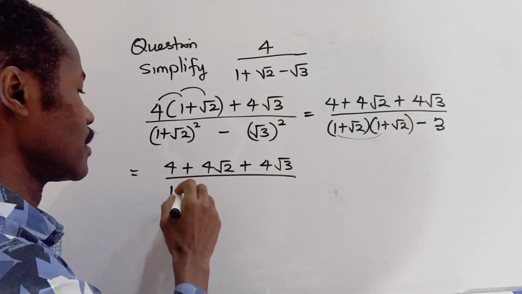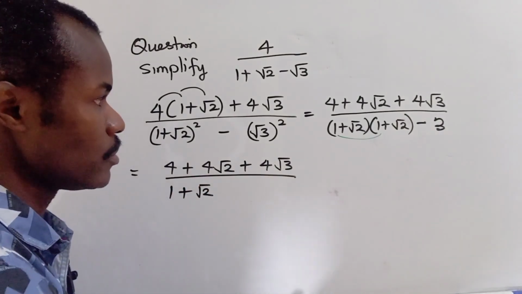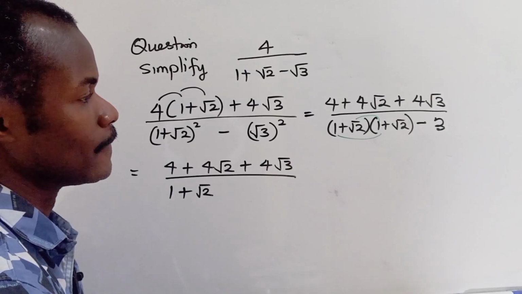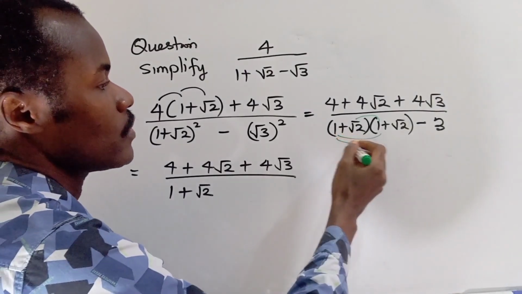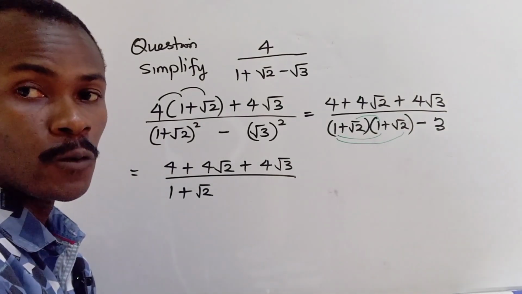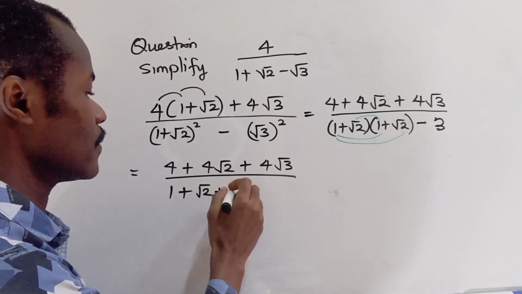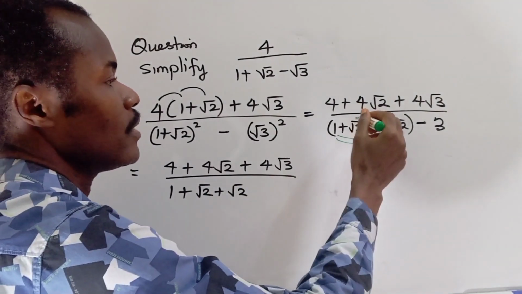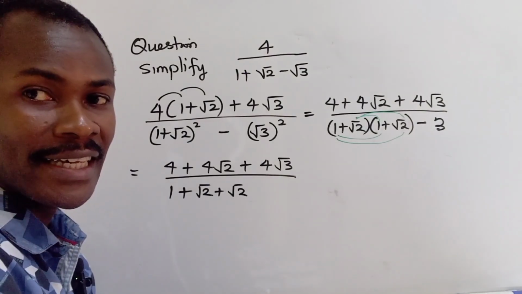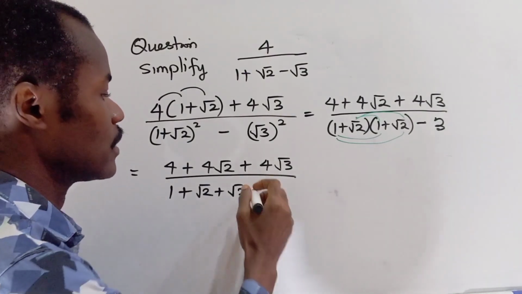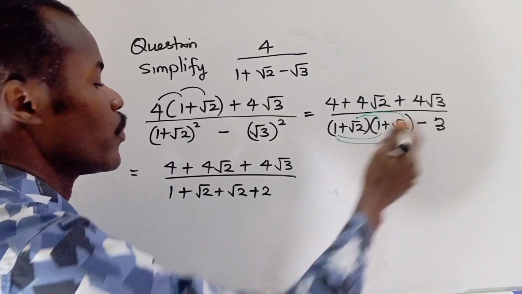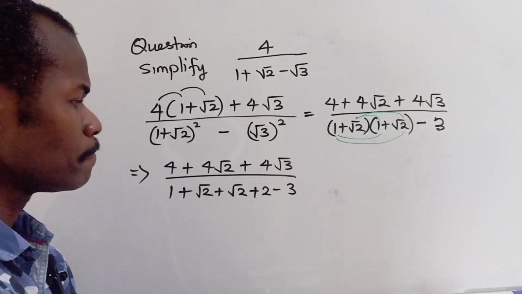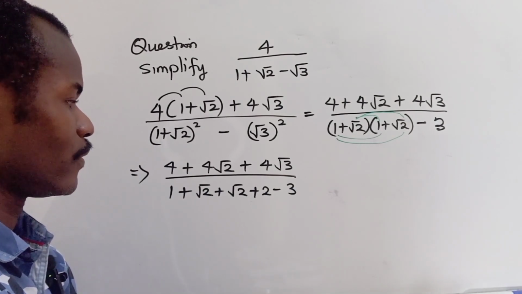Then 1 multiplied by root 2 gives plus root 2. And lastly, root 2 multiplied by root 2 gives plus 2. So we have minus 3. Now that we have this, we can simplify.